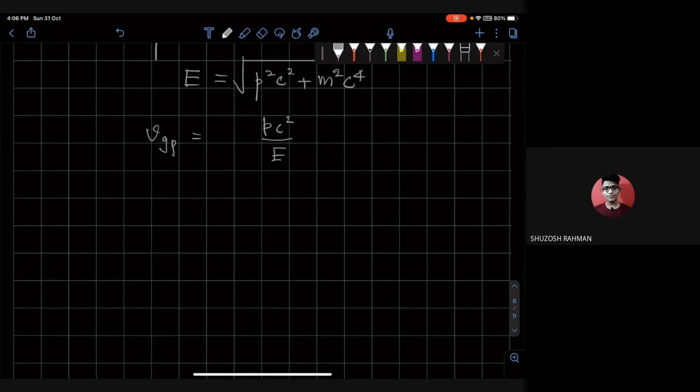Now, energy in relativity is part of a 4-vector. So it is the zeroth component of a 4-dimensional momentum vector. And it's related to the rest energy, which is mc squared, by this velocity-dependent factor. Okay?